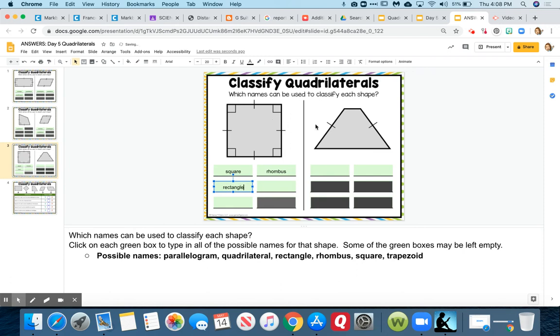And if it's a rhombus and a rectangle, it's also a parallelogram. And finally, if it's a parallelogram, it's also a quadrilateral because it has 4 sides.